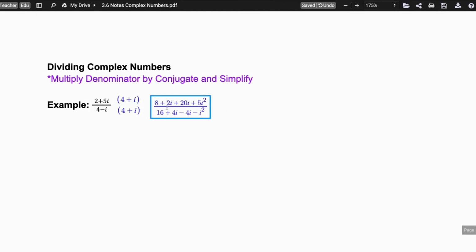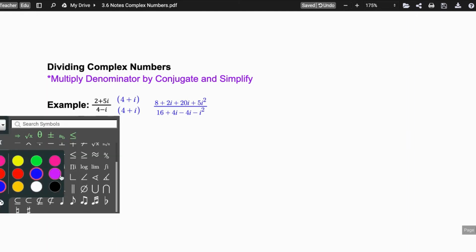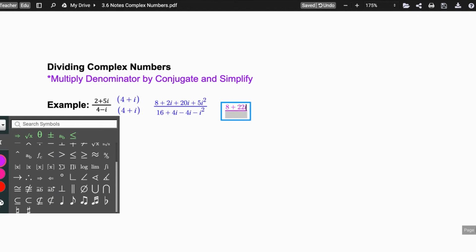Okay, so this is what I got. So what I'm going to do is just combine my like terms and replace i squareds with negative ones. So I'm going to have 8 plus 22i, because 20 plus 2 is 22, plus 5 times negative 1. And in the denominator, I'll have 16. My i's cancel, minus negative 1.